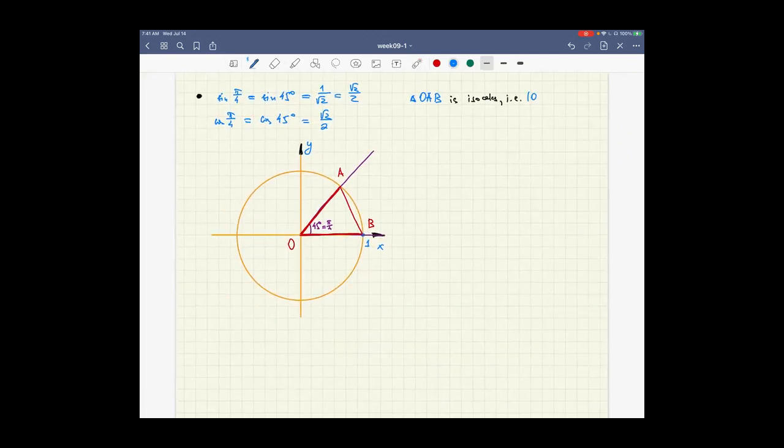The length of OA equals the length of AB equals 1. What do we know about isosceles triangles? We know that in an isosceles triangle, the two angles adjacent to the base are equal.